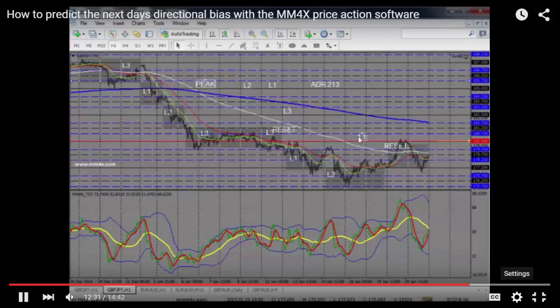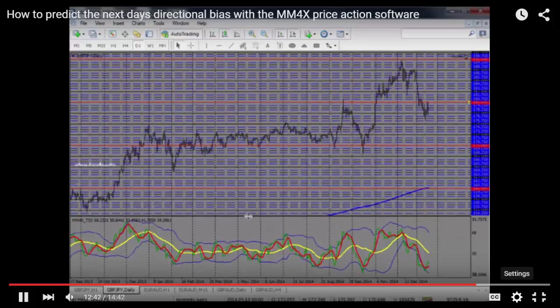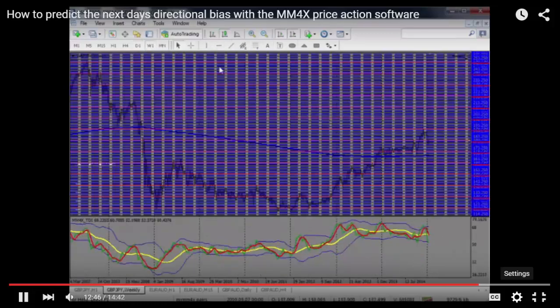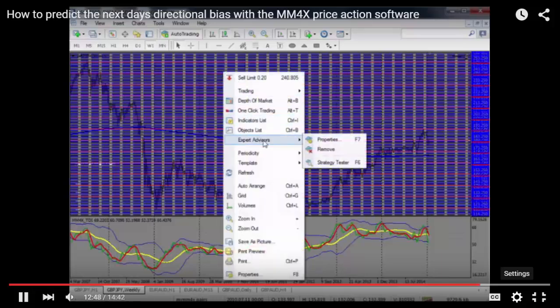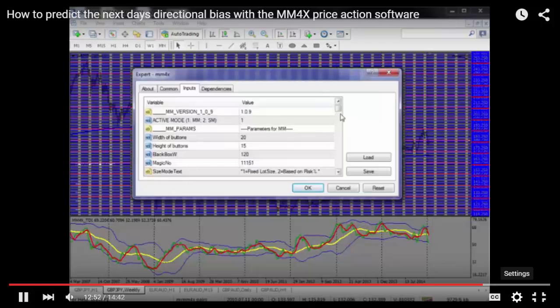So right now there's some indecision as to what the currency pair wants to do. But if I look at the daily chart, I can see that there has been quite a long rise over the course, and with the MM4X software you can remove these lines so they don't show up on all the time frames.